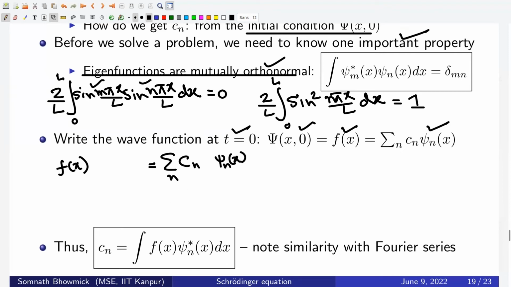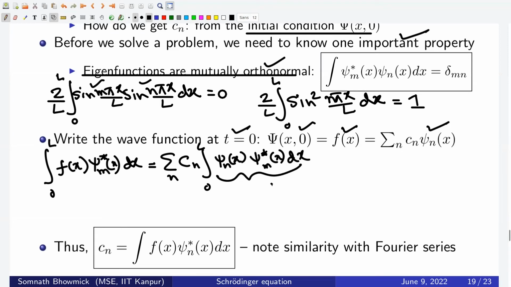And what we do is we multiply both the sides by this, and then we calculate the integral. Now we know that this part of the integral is delta of mn.